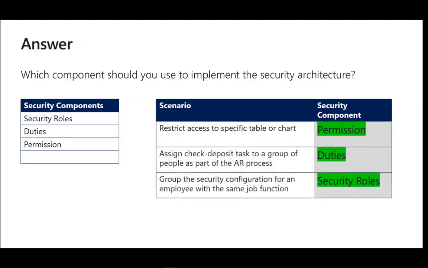The right answer is: restrict access to a specific table or chart maps to permission. Assigning the check deposit task to a group of people as a part of an AR process maps to duties. Grouping the security configuration for employees with the same job function maps to security role.